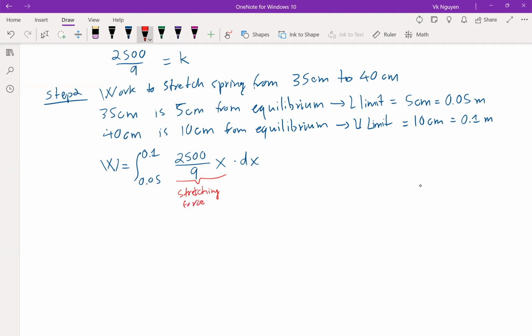Now we just have to evaluate this integral.